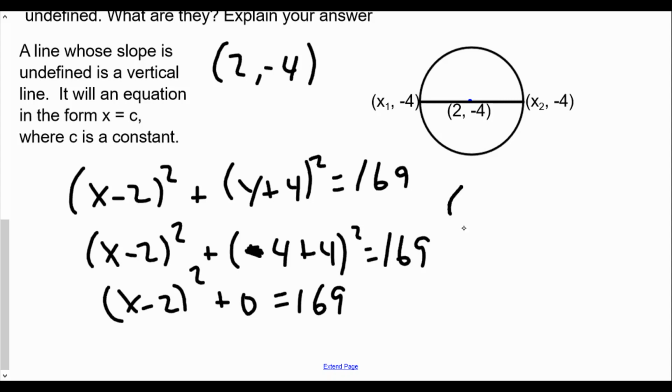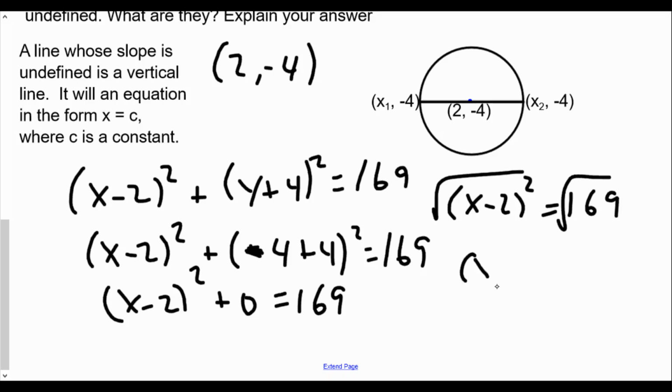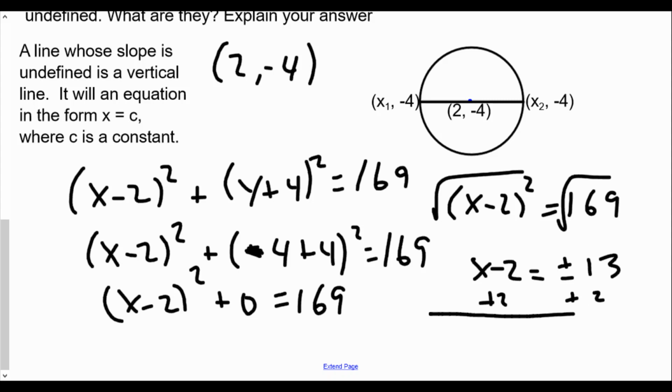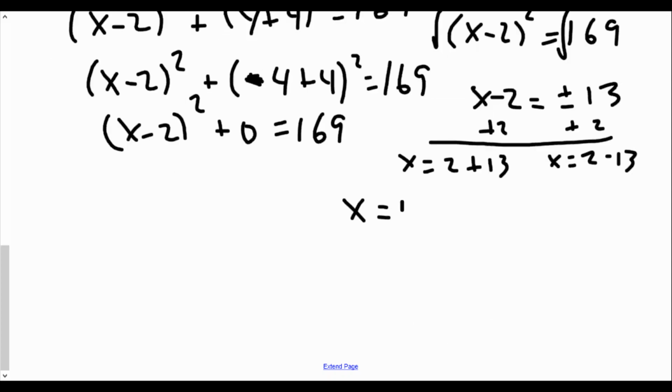To solve this, as you remember from Algebra 1, we take the square root of both sides and get x minus 2 equals plus or minus the square root of 169, which is 13. Adding 2 to both sides, x equals 2 plus 13 and x equals 2 minus 13. So our x values are x equals 15 and x equals negative 11.